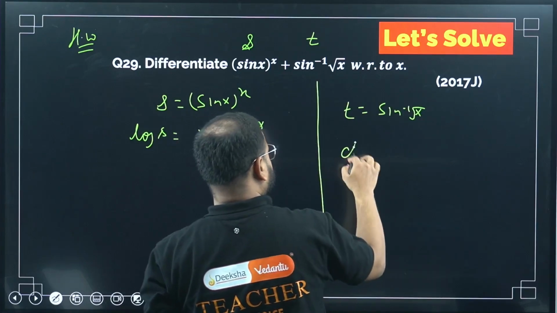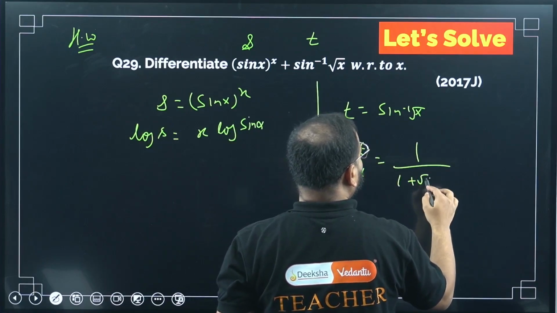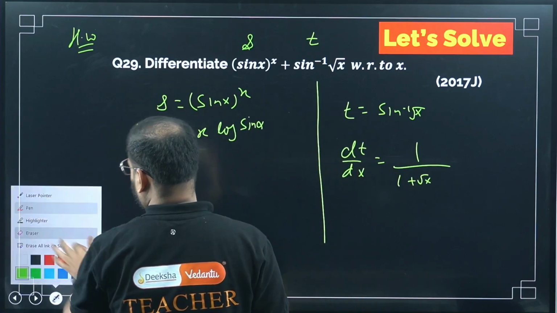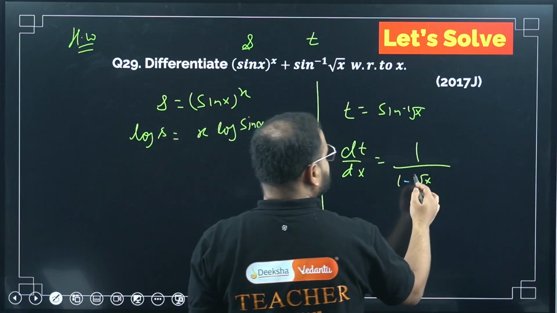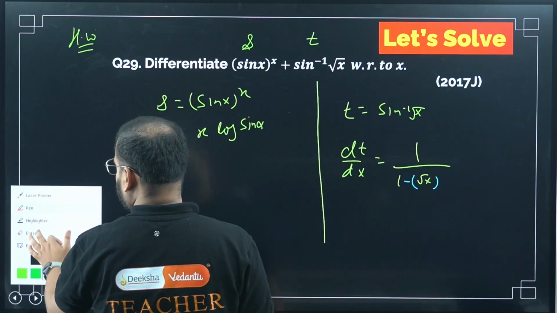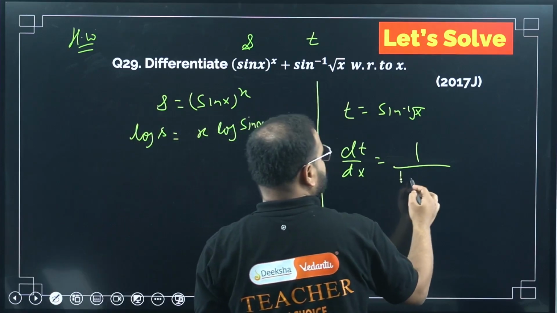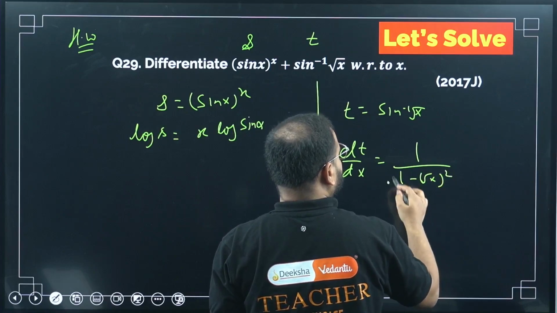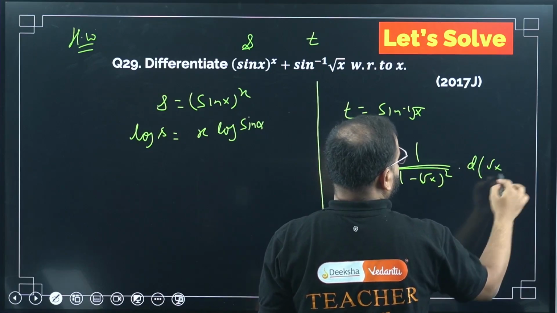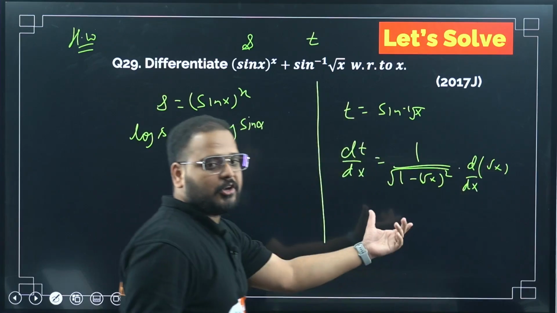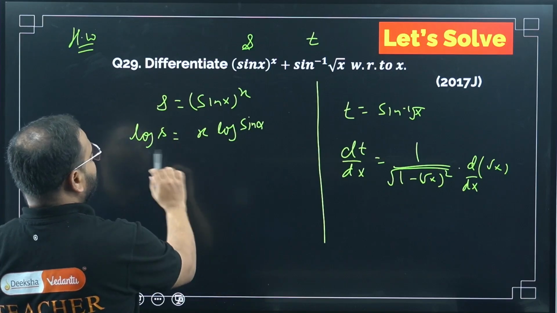So dt by dx equals 1 upon, minus, let me write this again, 1 minus root x the whole square in the root, times the differentiation of root x. So you have to use the chain rule over here. For this again you have to use product and chain rule together. When you do that, you'll get the answer, put them together.